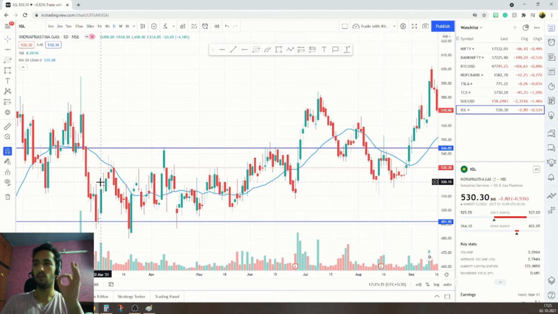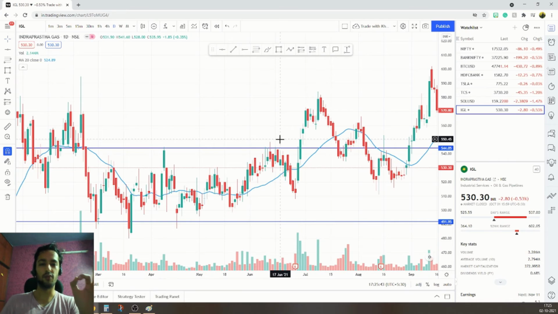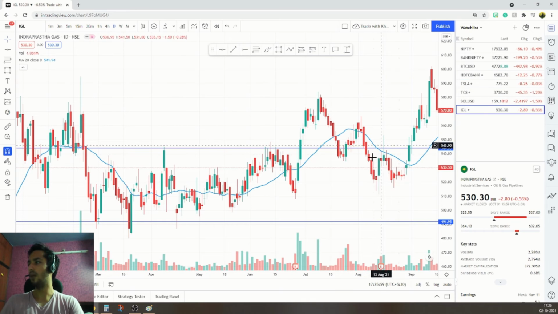All those who know how a breakout works knew that this had happened, but only those who executed on it earned money, right? Not everyone who knew earned money, only those who executed on this trade earned money, right? So moving forward, this is the whole mindset. Now we'll be making levels. I will be showing you how to make levels, right? So we have IGL in place.